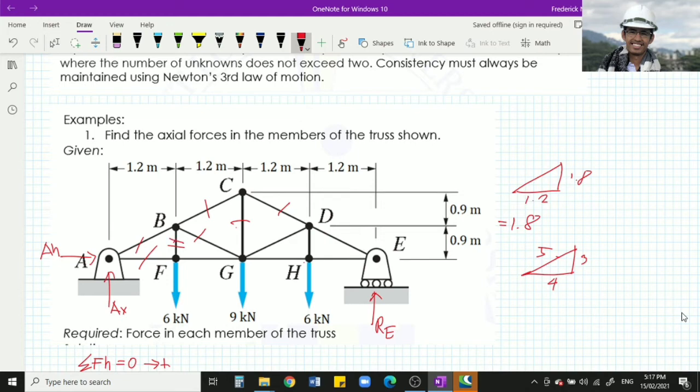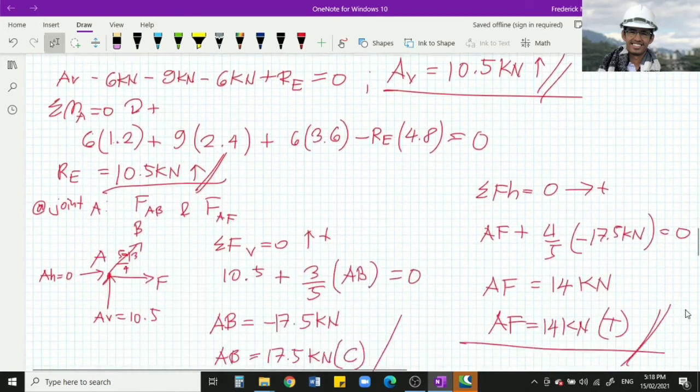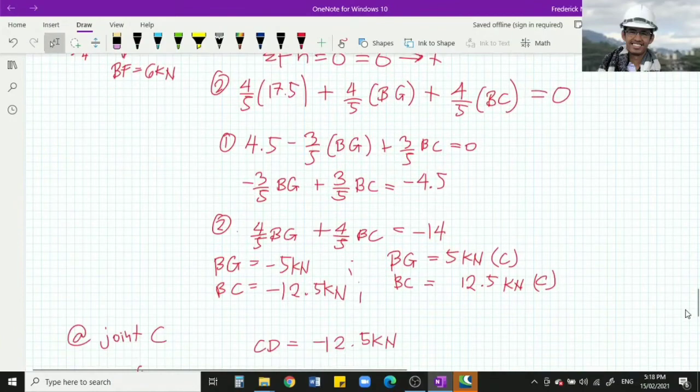So BF is equal to DH din, okay? Yung AB natin equal din siya sa DE, okay? So itong AF natin equal din siya dito sa HE natin, okay? And yung FG natin equal din siya sa GH. So same lang din yan, yung BG natin equal din sa DG, okay? So hindi na natin kailangang i-solve kasi same din sila, okay?